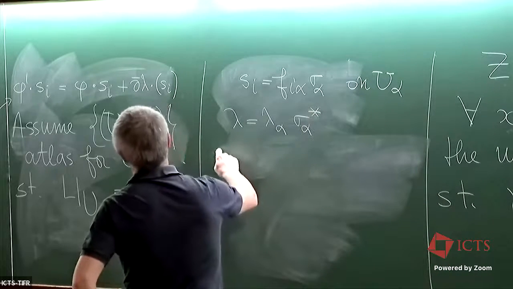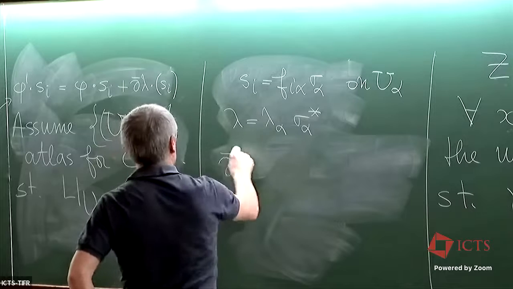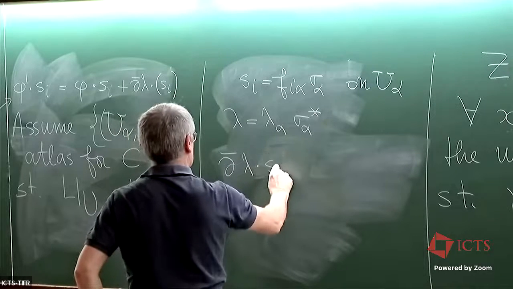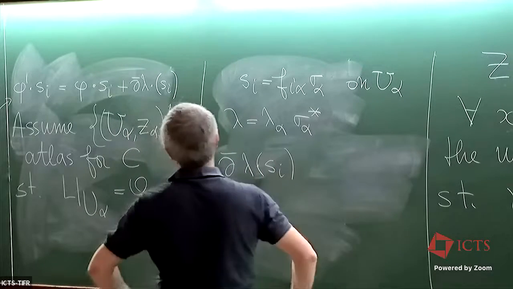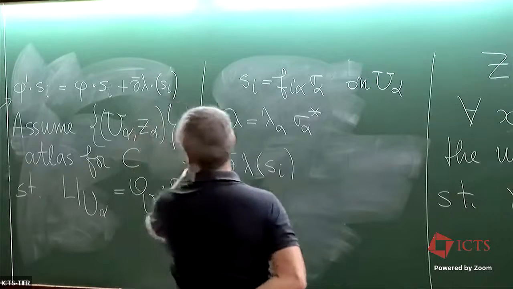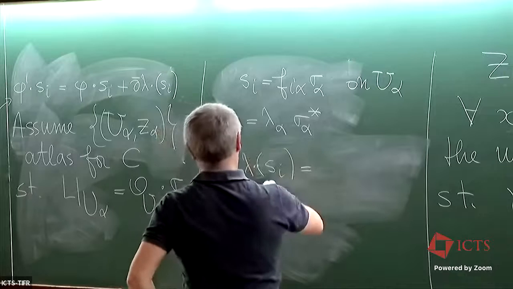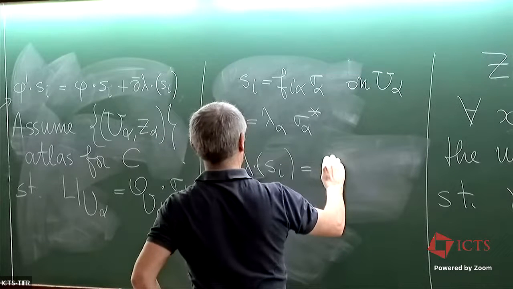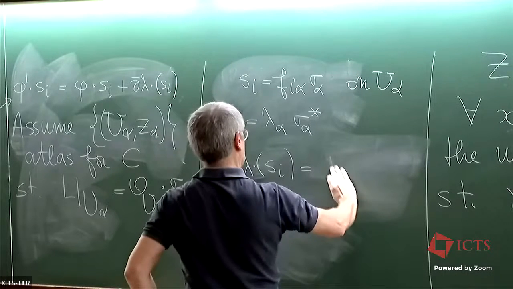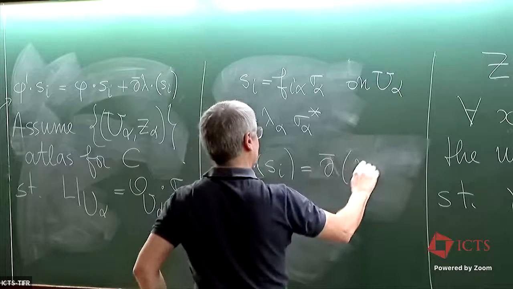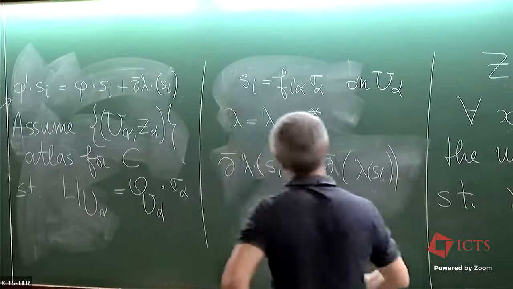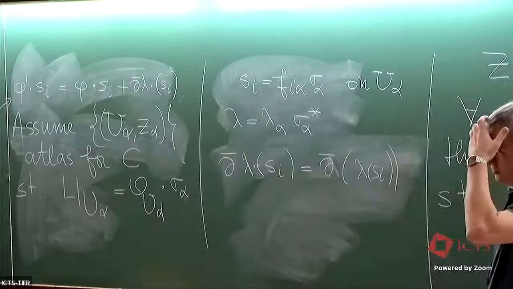And so what is this thing here? So d lambda over Si, product Si, will be exactly the same as d bar of lambda over Si. This is because Si is holomorphic.